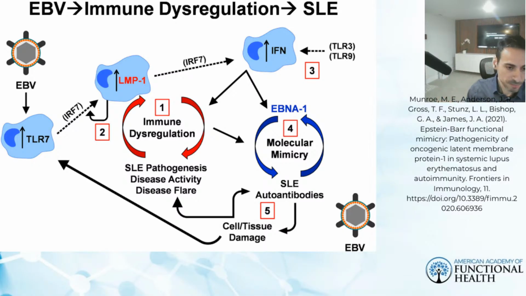So essentially the takeaway is that these proteins produced by the Epstein-Barr virus can mimic the body's own molecules. So the immune system comes in and thinks, oh, this is foreign, this is an infected cell, and they go to war, right?